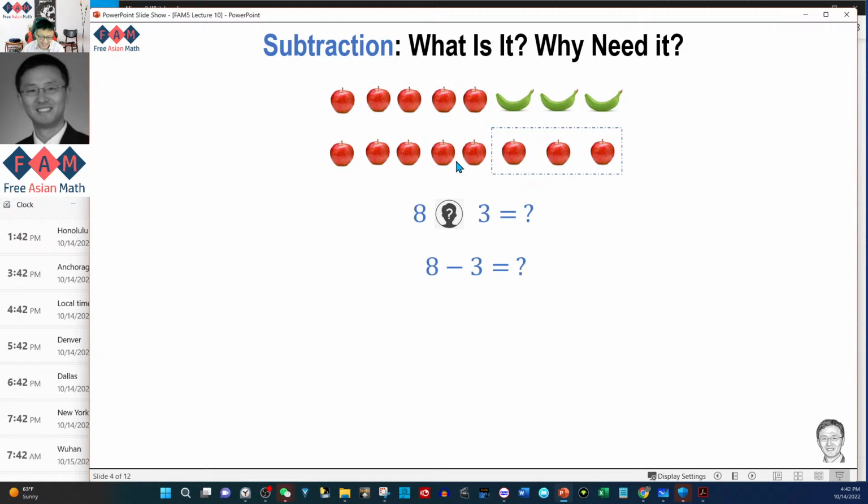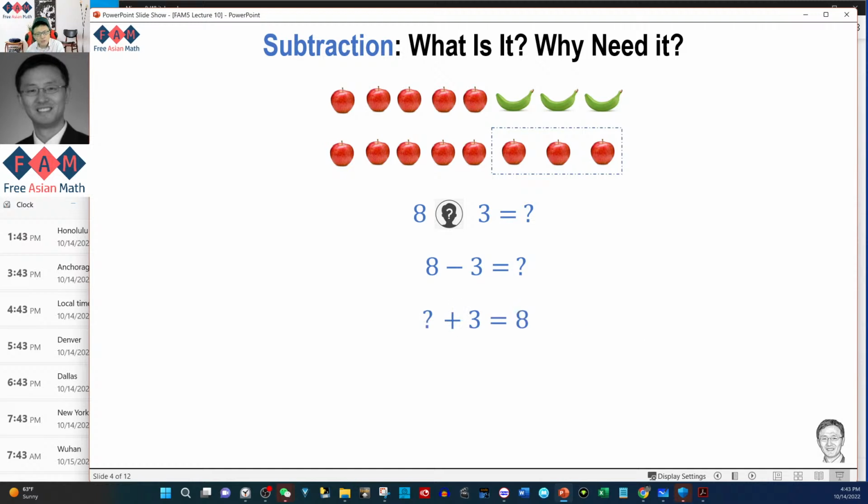If we count it, of course, we will be able to find this will give us 5. We counted, we literally counted 1, 2, 3, 4, 5. That's what is left after we remove the 3 apples. So that really motivates us to rewrite this last expression into something like this.